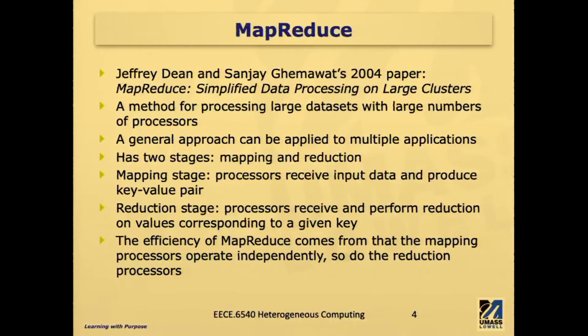These processors will receive data as an input and produce a result. And this result is what we call a key-value pair. So it's not just a random result. There's a way to organize them, and the way to organize them is to use these key-value pairs. We'll show you an example.